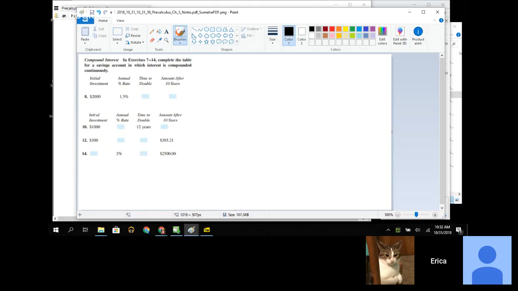Okay. So if you go back to your notes on 3.1, or I'll write it up on there, we learn that if you have continuously compounding interest, the formula is A equals P E R T. It equals PERT.